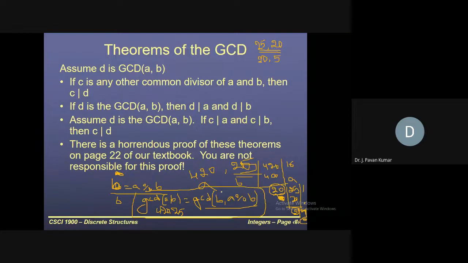Whatever the B we have, that has to be A. Next, how have we got 20? 20 is nothing but the remainder. 420 mod 25 gives 20 as the remainder. So GCD of 25 comma 20.